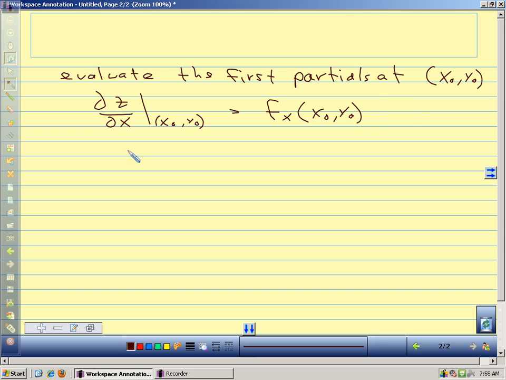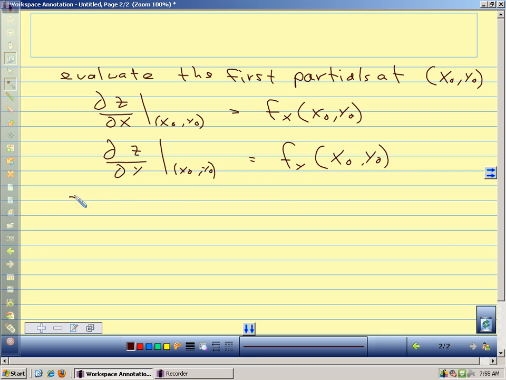And same thing if we're evaluating the partial with respect to y. So I just want you to be familiar with the different notation for evaluating our first partial derivative.